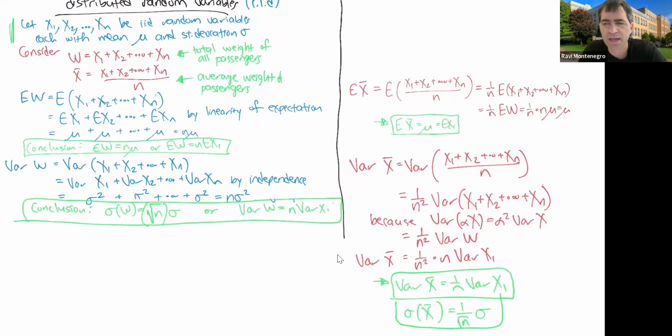So when we look at the standard deviation over a large group, it decreases by 1 over root n. When we look at the variance, it goes down as 1 over n. But as has been mentioned many times, standard deviation is the quantity that is more relevant to using statistics.